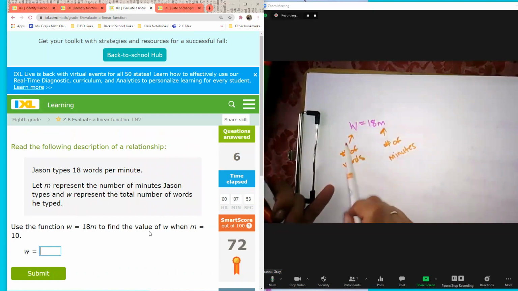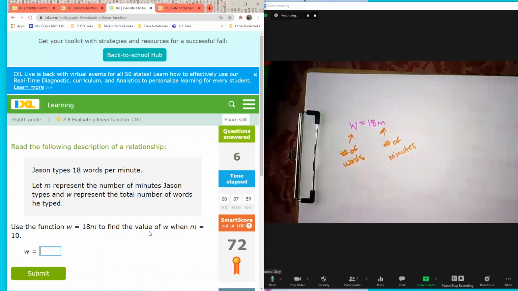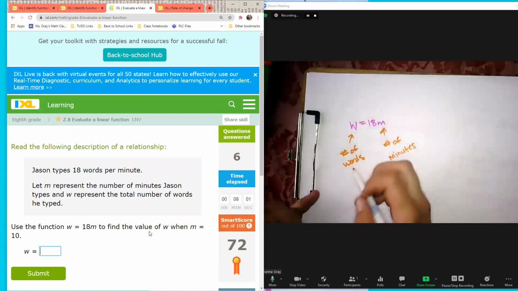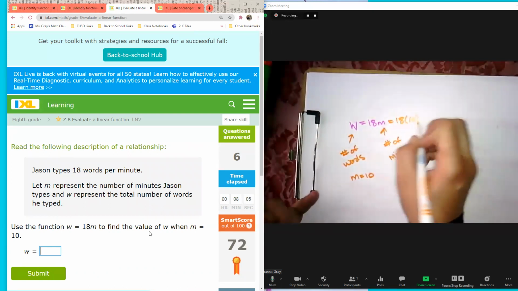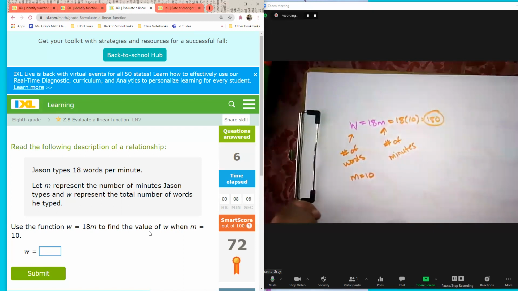So the number of words that he's able to type out is equal to 18 times the number of minutes that he's working on. So it's the same idea though. If M equals 10 minutes, then really you're saying 18 times 10. So he's able to type 180 words.